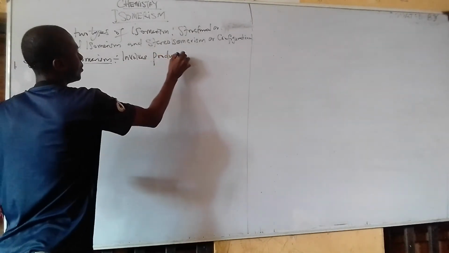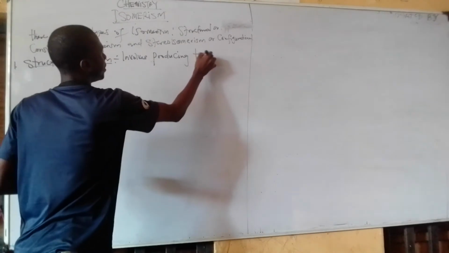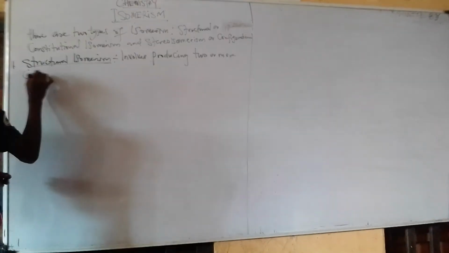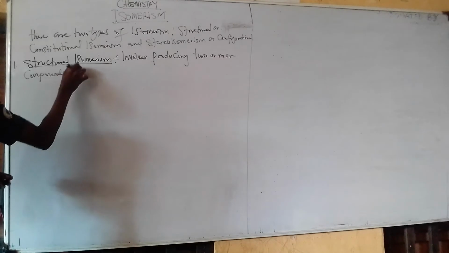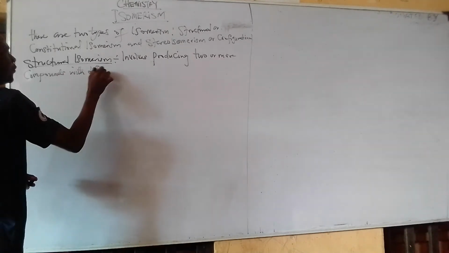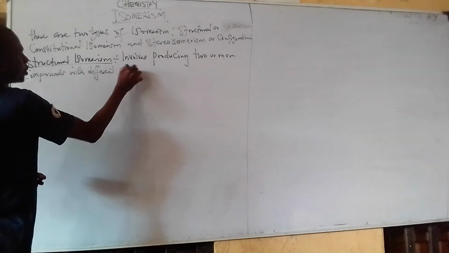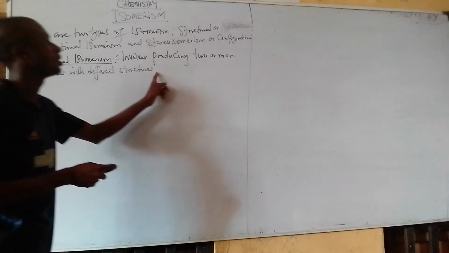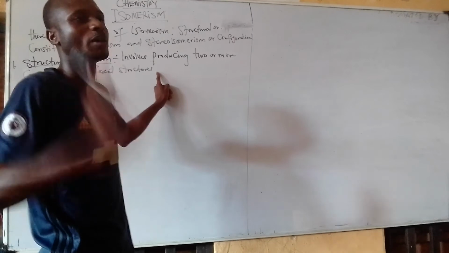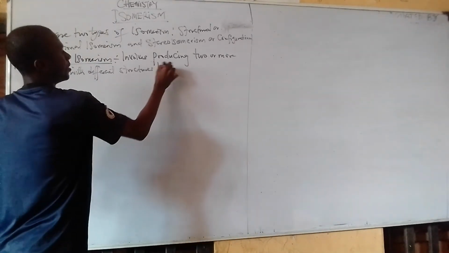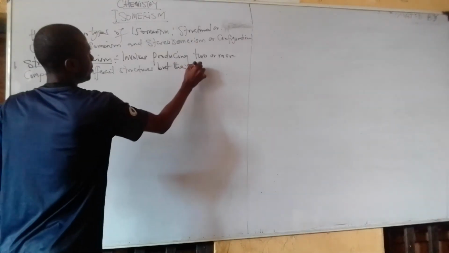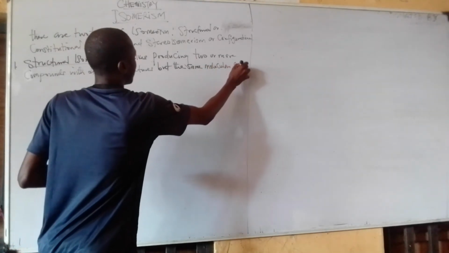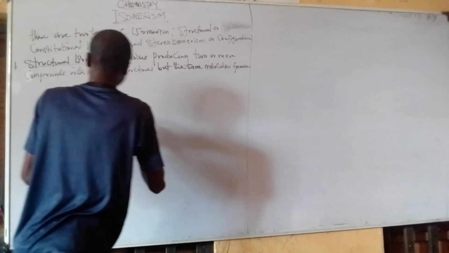Structural isomerism involves producing two or more compounds with different structures. Two or more compounds with different structures are different compounds, but the same molecular formula.